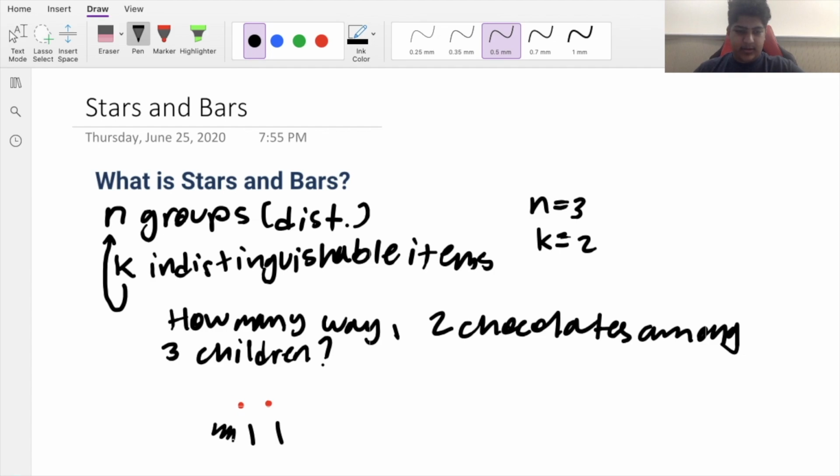This part here on the left, this part in the middle, and this part on the right. So each of these 3 parts corresponds to one of the children. Let's say this is Alice, this one is Bob, and let's say this one is Claire.